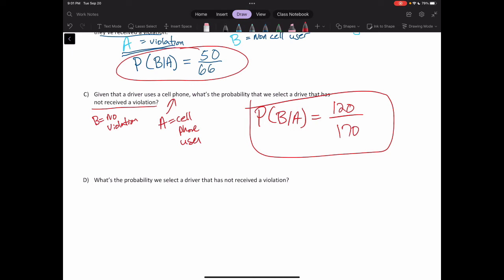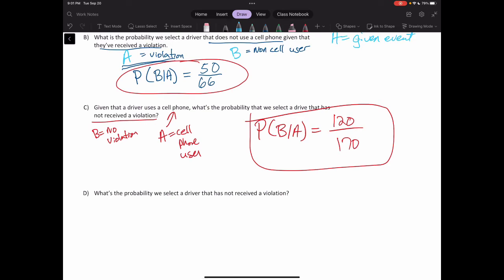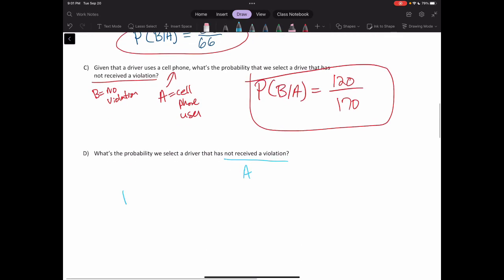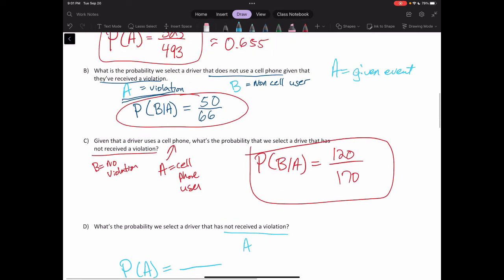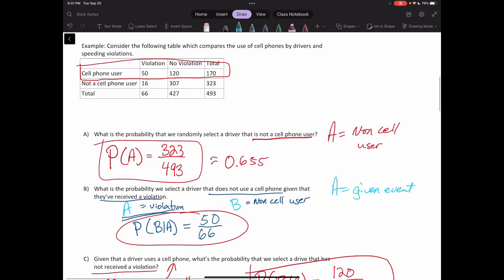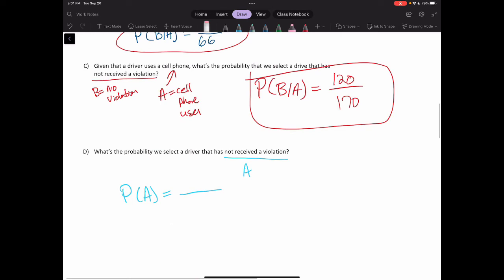And lastly, what's the probability we select a driver that has not received a violation? There's no condition here, right? So what we're saying here is that there's really only one event. A is that they did not receive a violation. So this is the probability of A. And we're back to looking at the entire data set, the entire table. And so there's a total of 493 people. So 493 is our denominator.